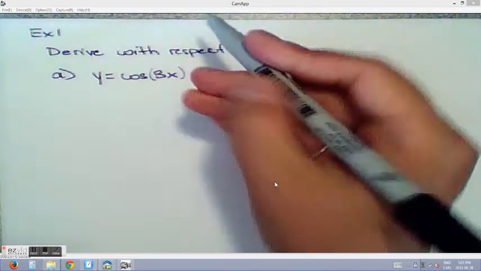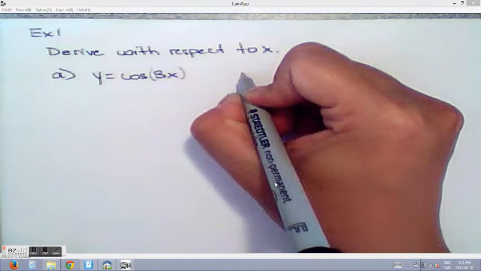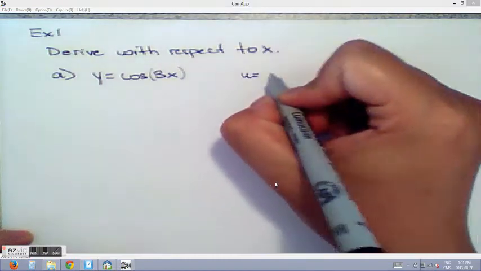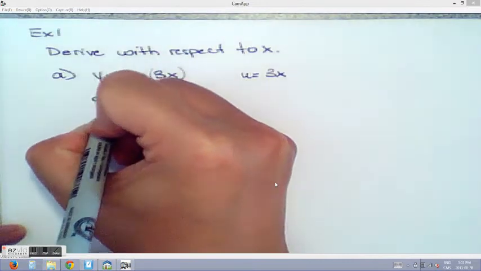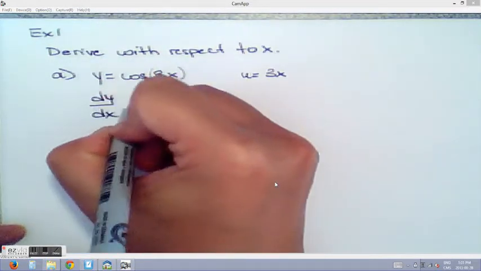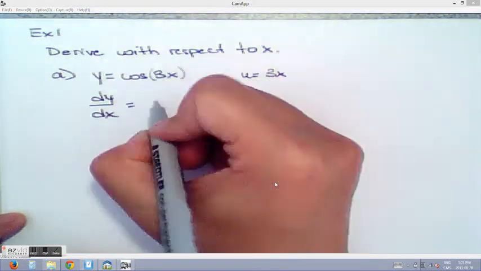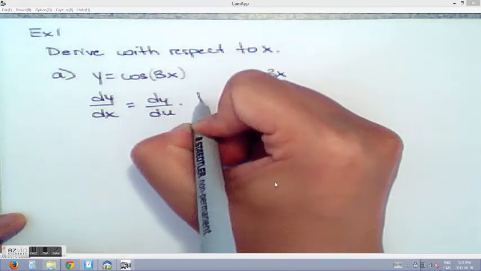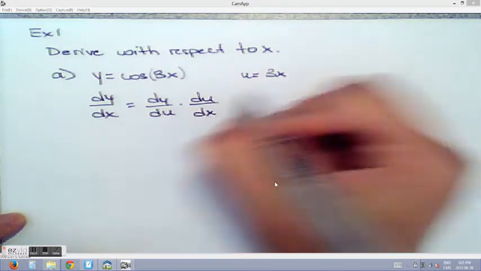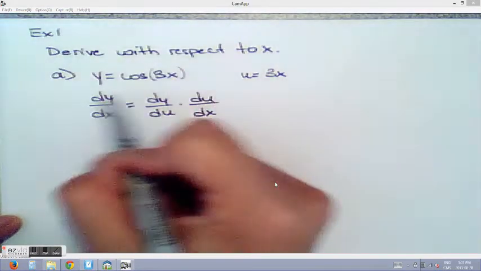So we're going to say that u is equal to 3x. I just want to write out the chain rule again, because it might be a long time since we've used this. dy/dx is equal to dy/du times du/dx.